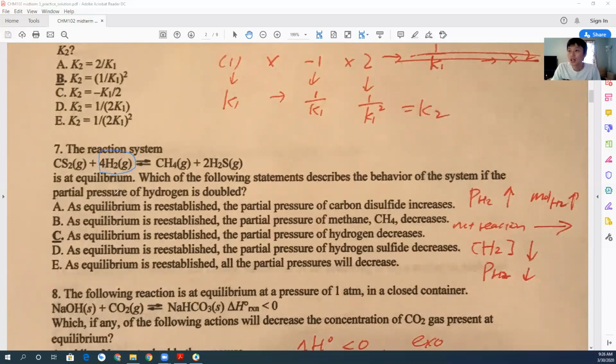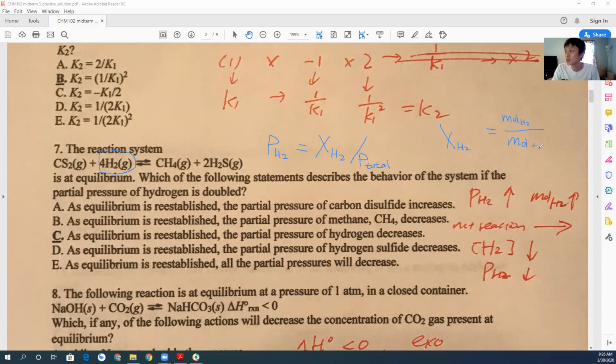So when its partial pressure is doubled, remember the partial pressure of hydrogen is its mole fraction divided by the total pressure of the system. The mole fraction of hydrogen gas is the number of moles of hydrogen divided by the total number of moles of all the gases.